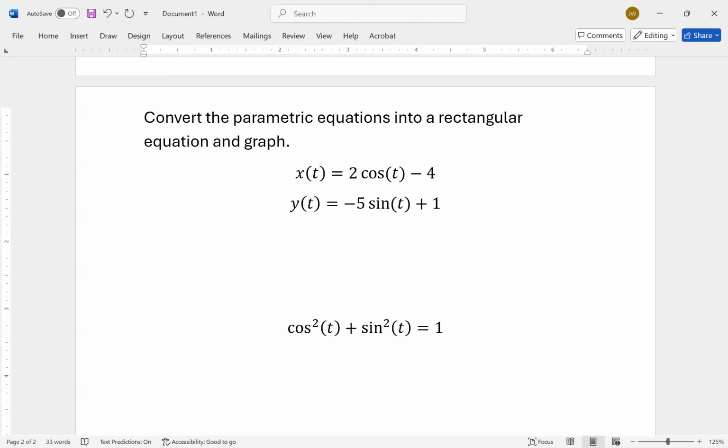Since this set of parametric equations involves cosine of t and sine of t, I am anticipating that we're going to use the Pythagorean identity that says cosine squared of t plus sine squared of t is equal to 1. And therefore, I'm going to solve the x equation for cosine of t.